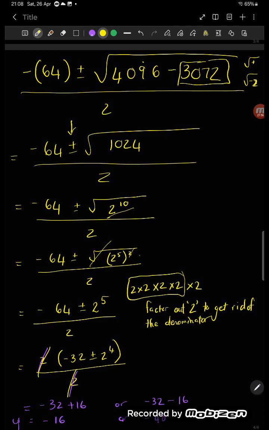Okay, so now I can find my answer, minus 32 plus 16, or minus 32 minus 16. It's a plus or a minus, which means y is minus 16 or minus 48.